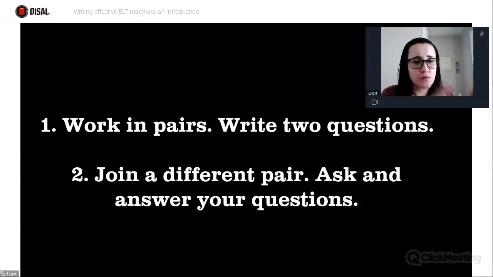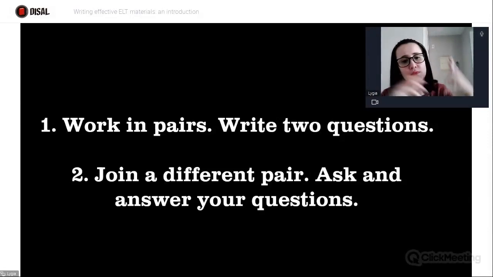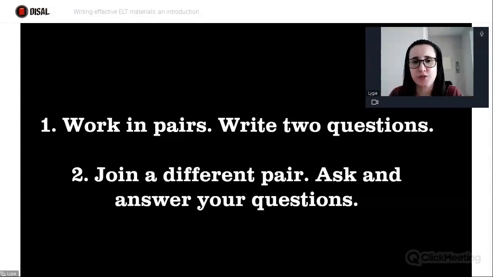So, first, working in pairs, write two questions, and then in number two, join a different pair, ask and answer your questions. So, these instructions, as well as your suggestions in the chat box, would be much easier for students to understand, for teachers to understand as well, because they're short, they use imperatives, one action at a time.